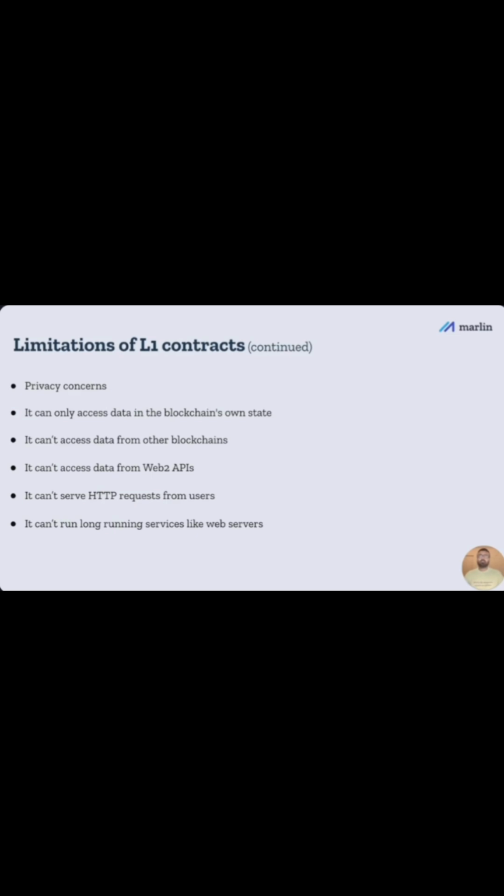This severely limits the information flow between blockchains, and data is stuck on one chain. There are other limitations as well, such as not being able to pull in data from Web2 APIs, not being able to serve user requests directly, or the inability to run long-running services like web servers. All these restrictions make it very difficult for developers to build complex or privacy-sensitive applications using only on-chain resources.